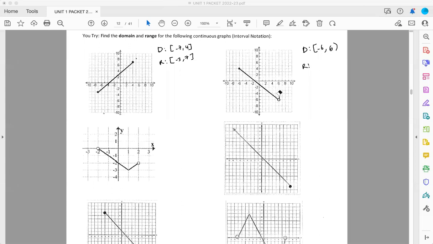For the lowest point on this graph, it's not included, so it's an open circle, or parenthesis, I should say, -6. And for the highest point, it's 4. It is included, so it's a bracket. Whenever a point is included, when you have a solid dot, it's a bracket, depending on which end, the left or the right. And an open circle means a parenthesis. Keep that in mind.